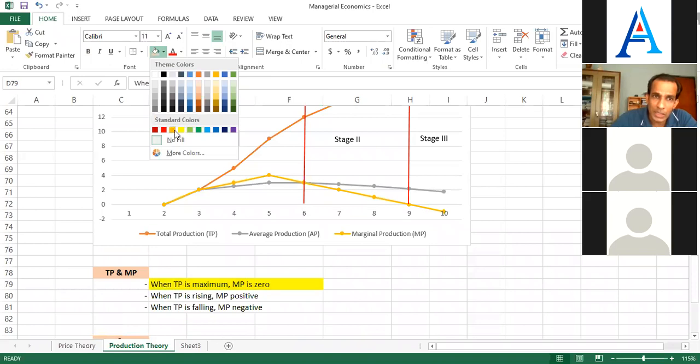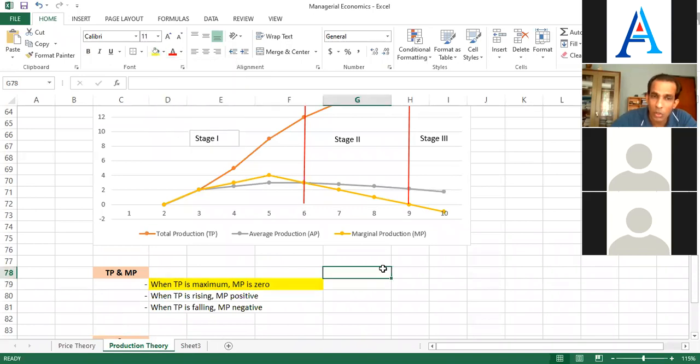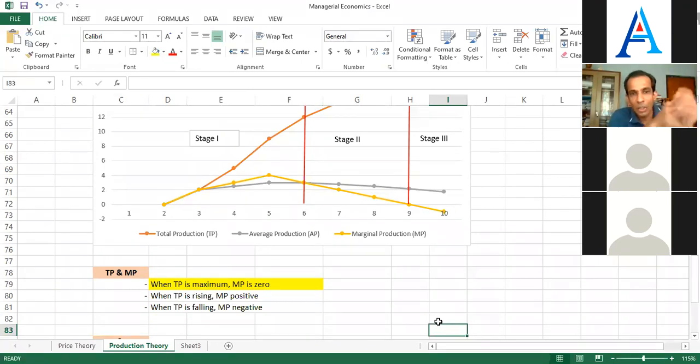Actually, this relationship is not only applicable for production. If you analyze revenue, you will see this relationship too. When you get the revenue of any firm under different activity levels, you will see total revenue is maximum when marginal revenue is 0. This is a very important relationship in economics.